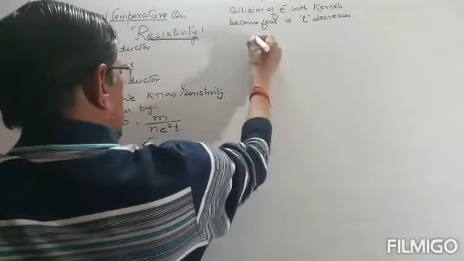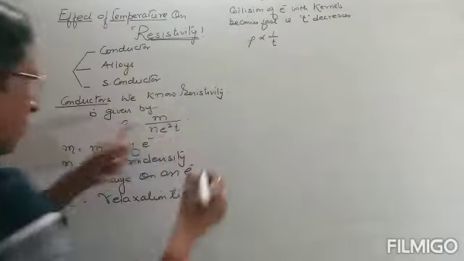When the relaxation time decreases, rho is proportional to what? 1 upon tau.